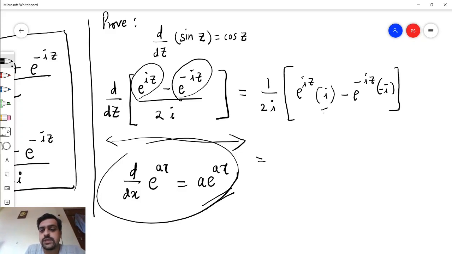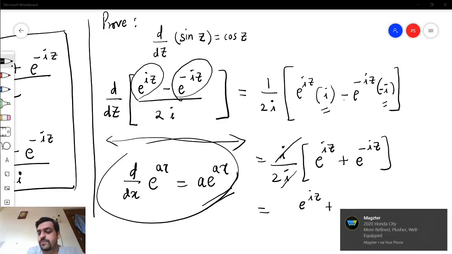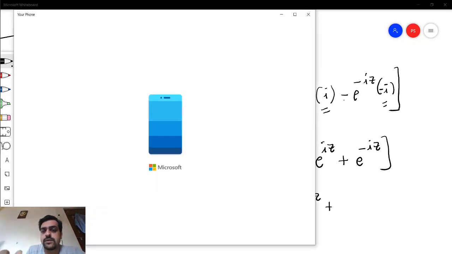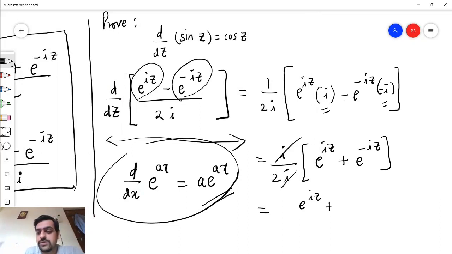Now this i term can be taken outside and this becomes e raised to iz, minus minus becomes plus, e raised to minus iz. Now this i gets cancelled and we have e raised to iz plus e raised to minus iz divided by 2.